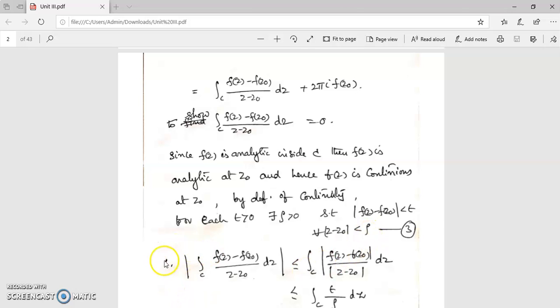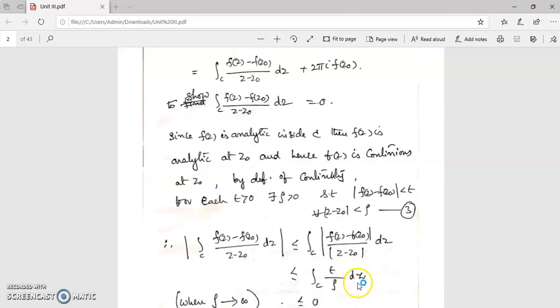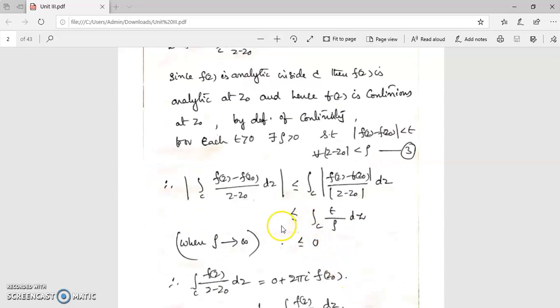So we can write the modulus of this integration as less than or equal to epsilon by rho into the modulus of dz, by the earlier theorem, where the modulus of z minus z0 is equal to rho.